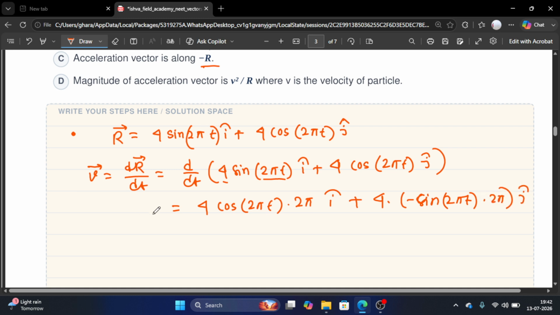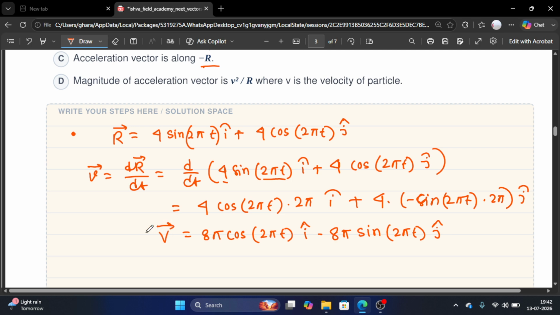That means I get the answer 8 pi cos 2 pi t i cap and minus 8 pi sine 2 pi t j cap. This is the velocity vector.